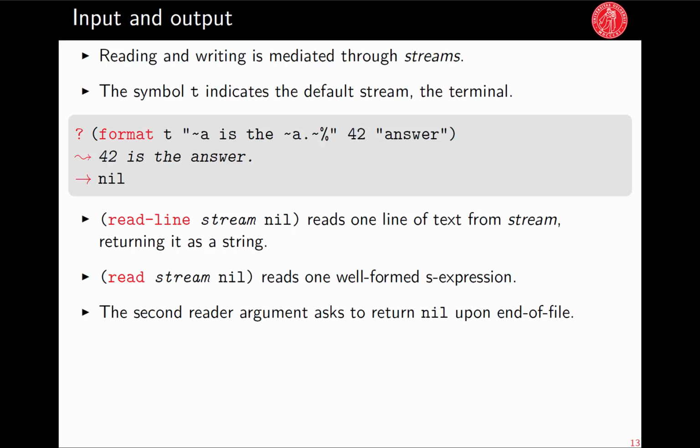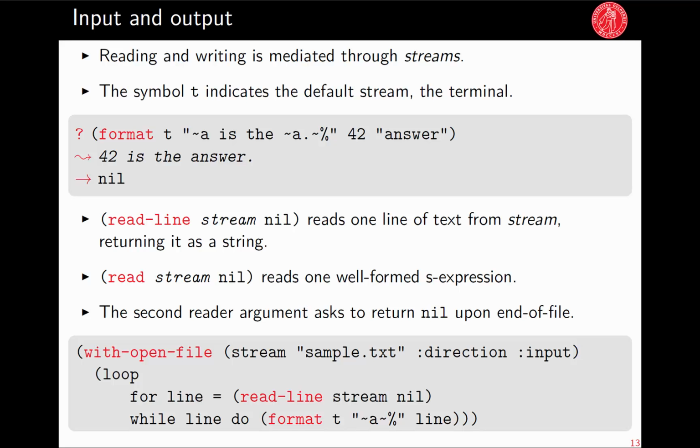So read will read in one well-formed S-expression at a time. That's useful for reading in Lisp code or Lisp data structures. Some of you might have noticed the nil here as the second argument to both readline and read. That just asks Lisp to return nil when encountering the end of file.